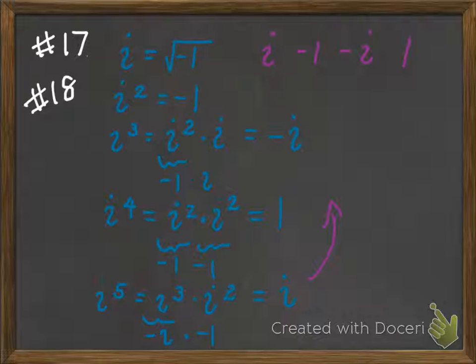And you would find by continuing that i to the 6th would be -1, i to the 7th would be -i, and i to the 8th would be 1. And then i to the 9th would circle back to i. So it keeps repeating itself after every 4 i's. And that pattern you see at the top in purple is i, -1, -i, 1.